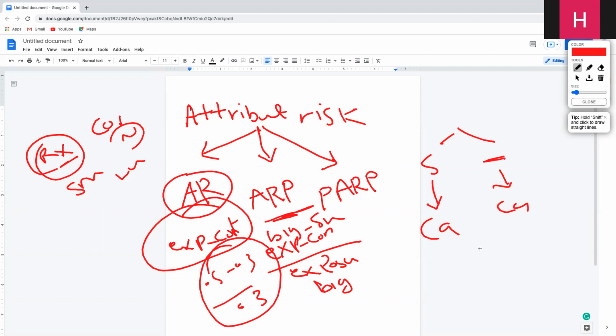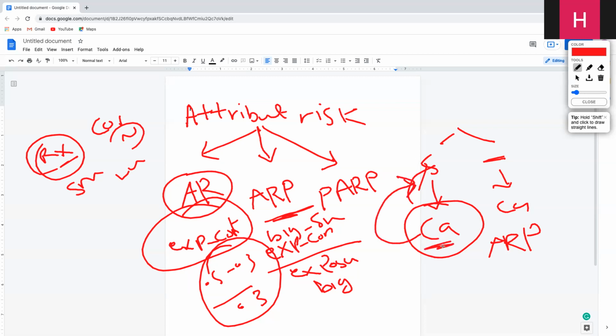But when calculating the attributable risk percentage, you want to know, among these cancer patients, what is the percentage of their cancer that was attributed to smoking?